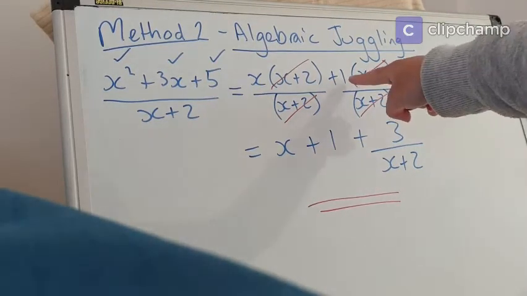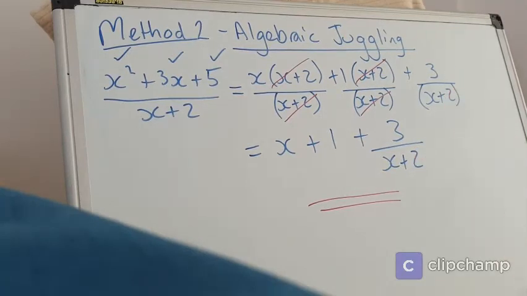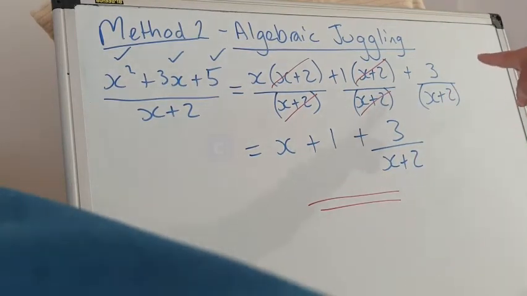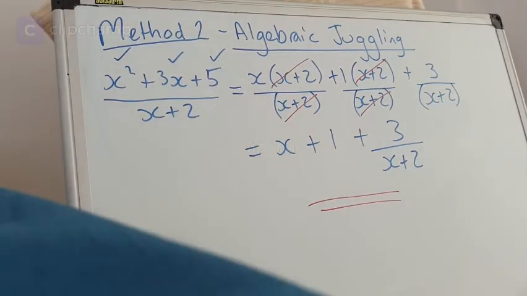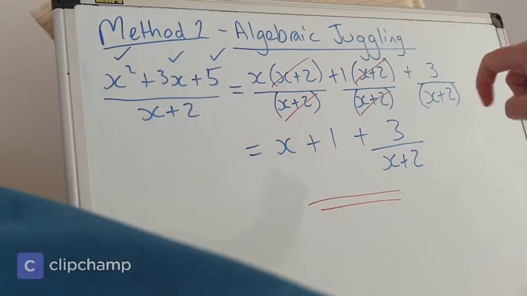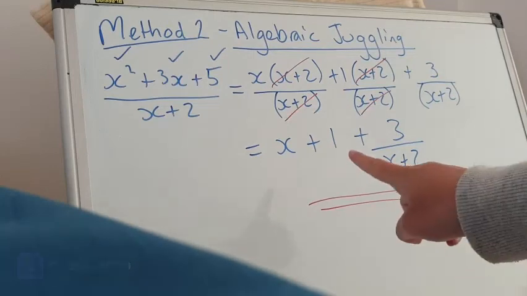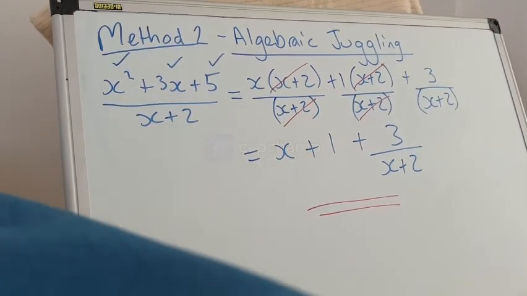However, because we've already got a constant of 2 here, we only need another 3 to make it up to 5. So we say plus 3 and again divide by the denominator to keep the equation balanced. I can then cross out the numerator and denominator from the first two terms, leaving me with x plus 1 plus 3 divided by x plus 2.